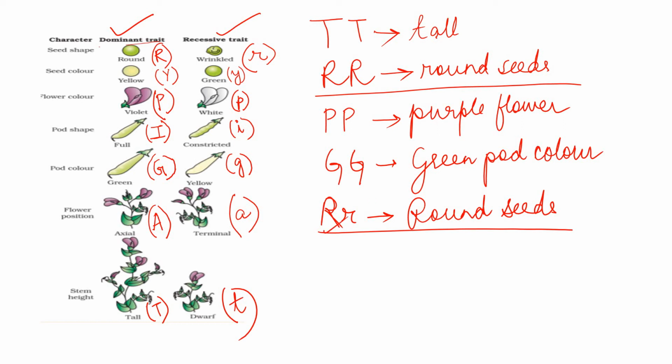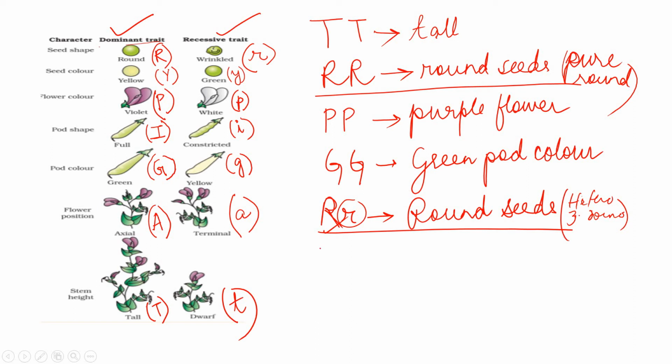Capital R is dominant here, so even if the recessive trait is present, they will be round. And capital R capital R will always be round, right? This is a pure round. This one will also be round, but this is a heterozygous round seed plant.